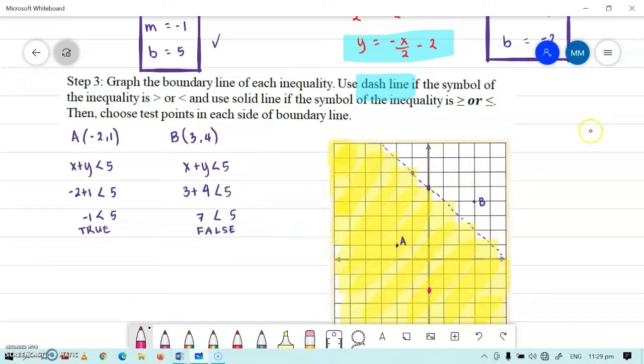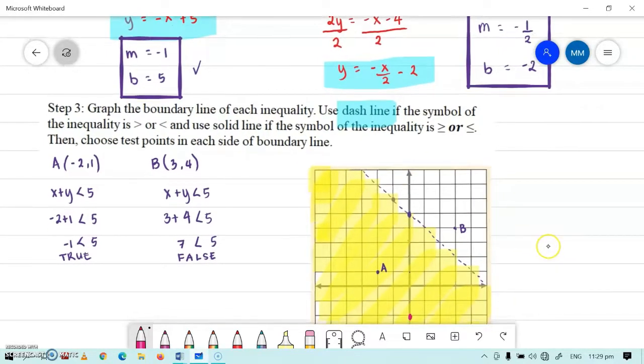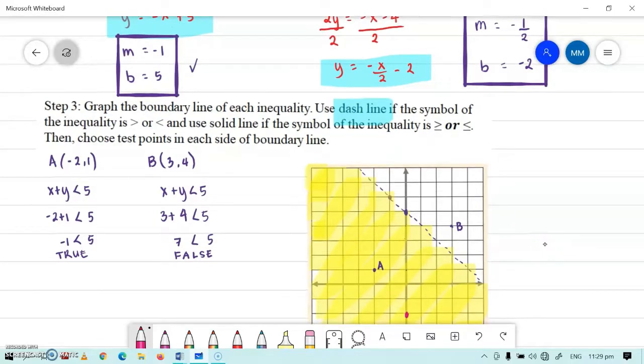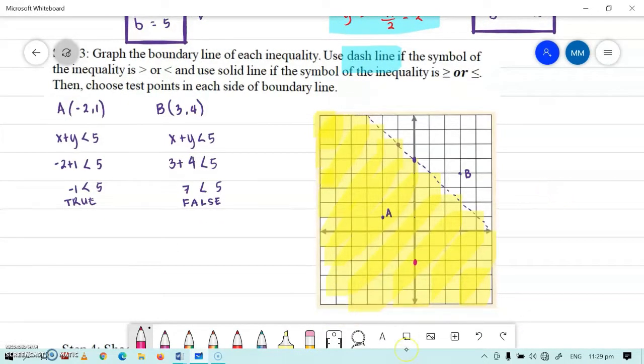Now the slope is negative 1/2, meaning to say we will rise 1 unit up and run 2 units to the left. So here is also our second point for the second inequality. Now that we have already determined 2 points, it's enough already to draw the line.